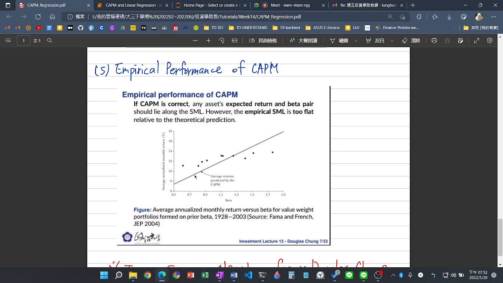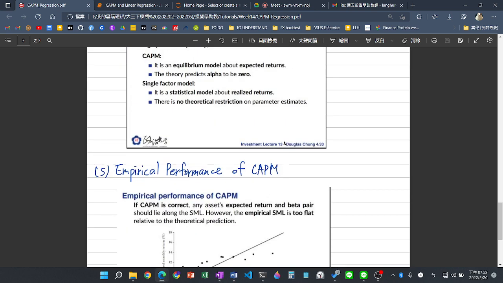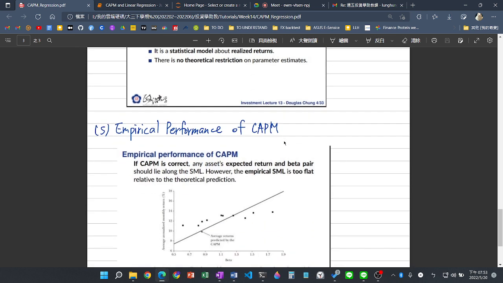He said that a lower beta can actually get you more expected return using the historical data. So it is quite different from the theoretical point of view, but I think that is true for every field of knowledge, right? The theory would always be different from the actual world.